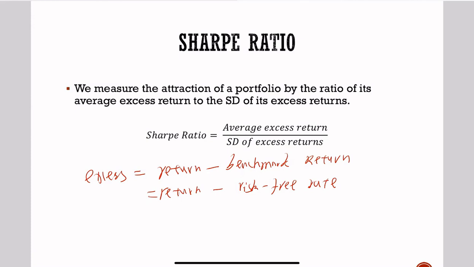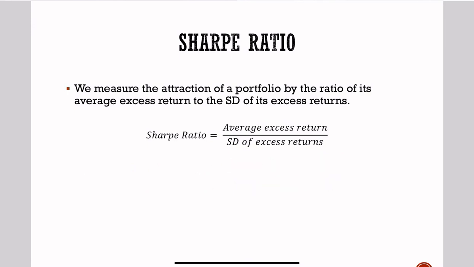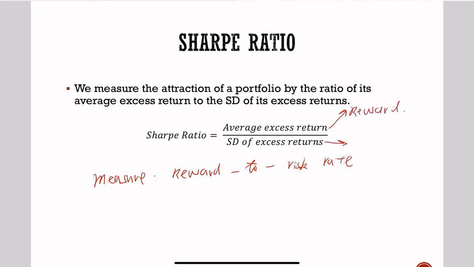It basically measures the reward to risk ratio. Return is your reward from your investment, and standard deviation, which is a very classic risk measure, measures your risk. So if your investment has a larger Sharpe ratio, then it has higher performance.